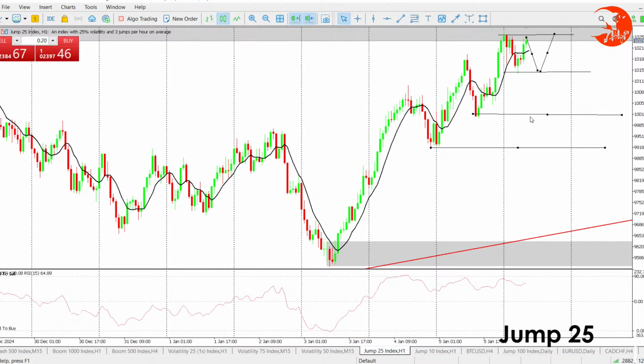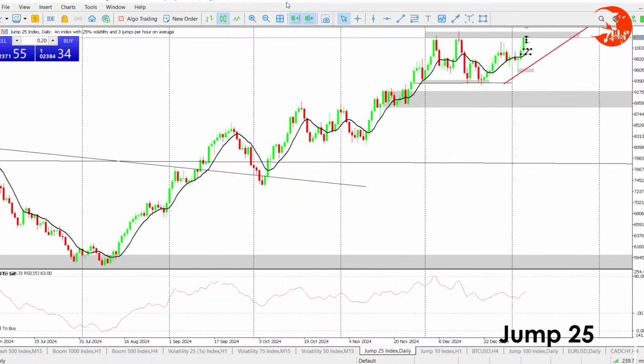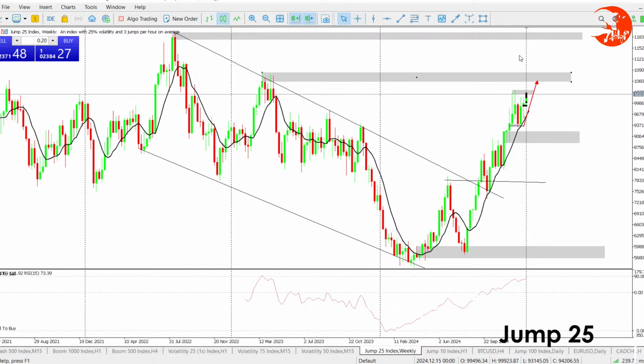Once it starts to sell, it will not be exceeding this because the major momentum is still a buy, to push for this level right here according to the weekly time frame. Yeah, that's the level we are looking at.